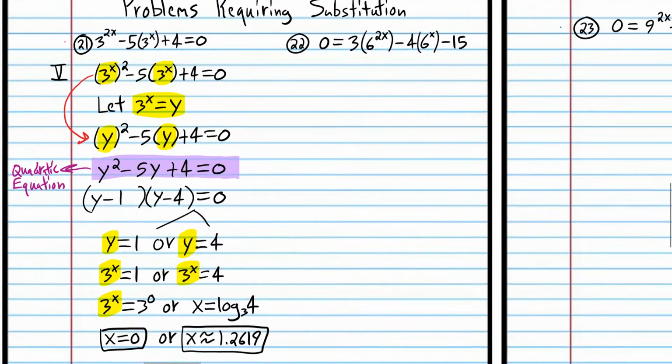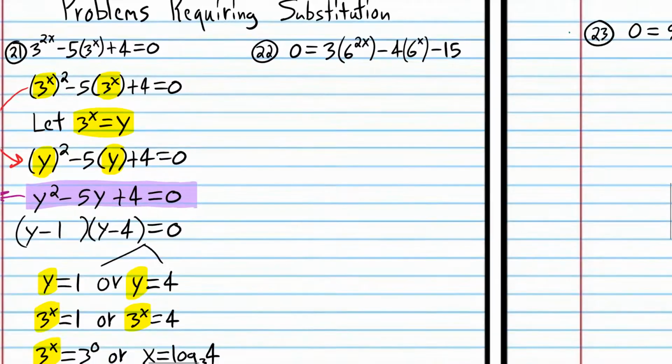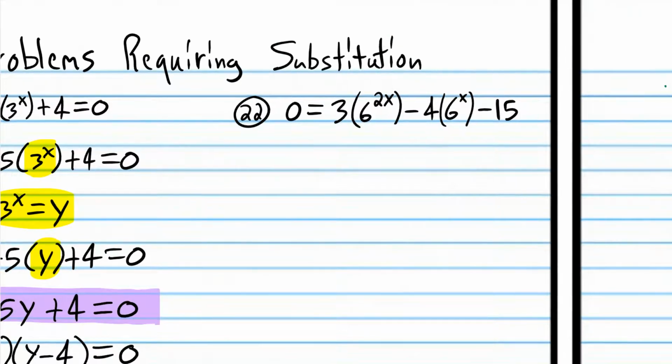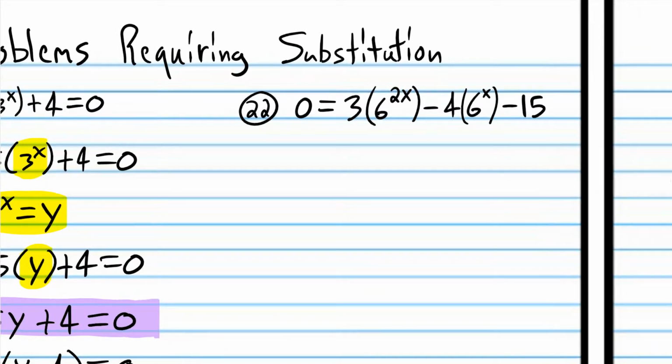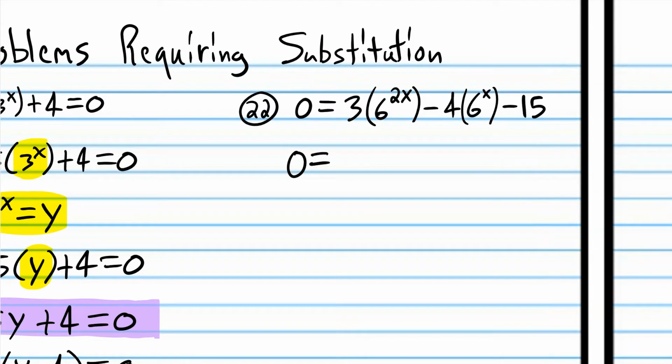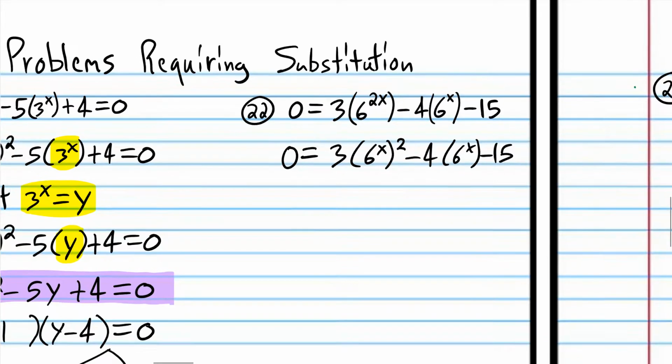Okay, so let's do number 22 together. I'll do one more of these together before you try one on your own. So I'm going to change that expression to 6 to the x to the second power. And now, do you see this 6 to the x is the same?